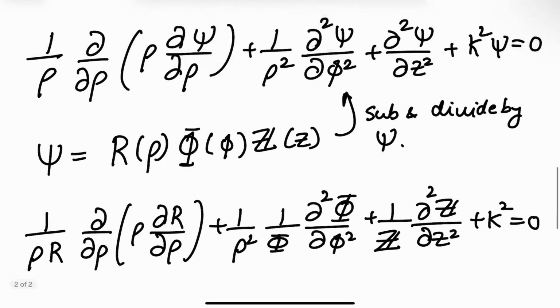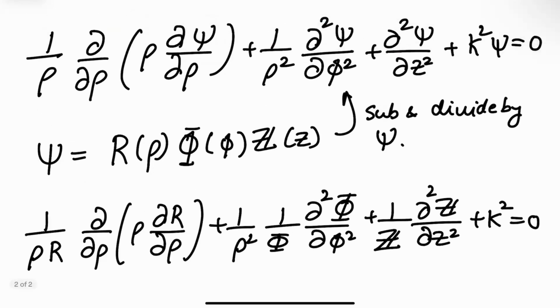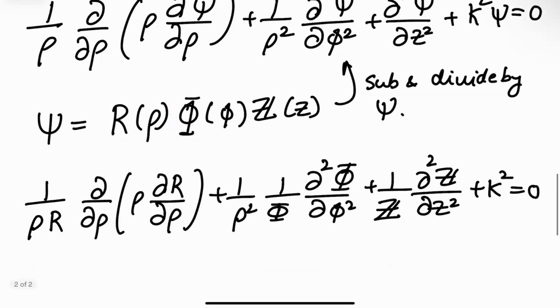Again, this is not very hard to see. If you substitute psi equal to R Phi Z, then in this term Phi Z comes out. Then you end up with dR over d rho. And since you're also dividing by psi, Phi Z cancels in the numerator and denominator, and you're left with 1 over R. That's the 1 over R there. The same thing happens for these two terms.